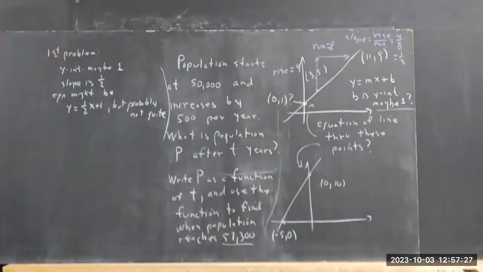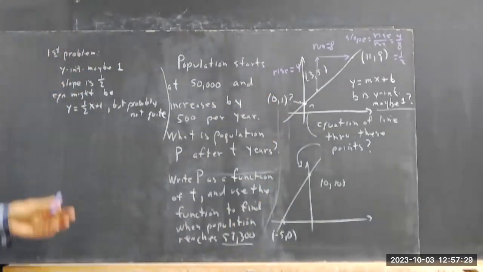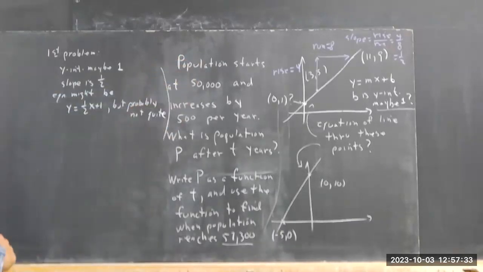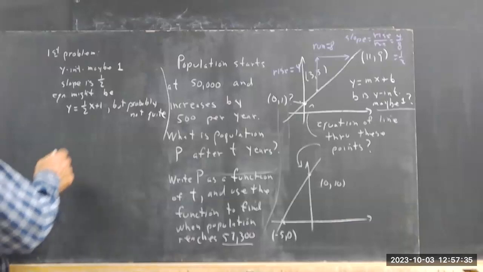There's no reason to suppose that it would be. It just looks like it might be. And the graph isn't drawn very accurately. So I think the y-intercept is going to come out different. Let's test this.